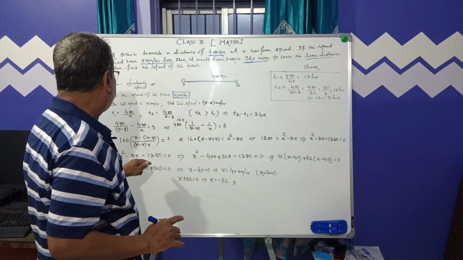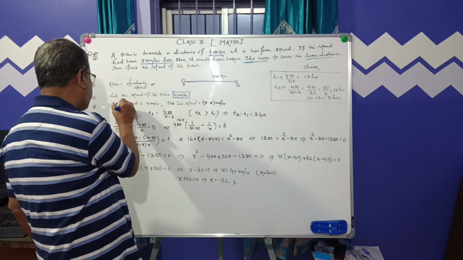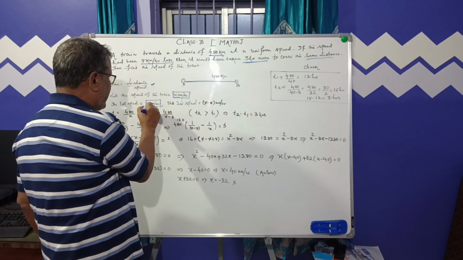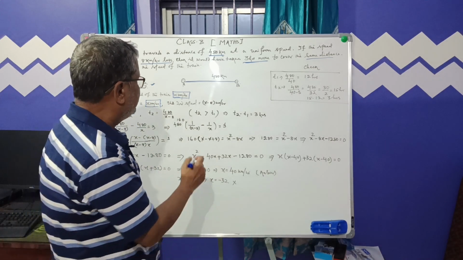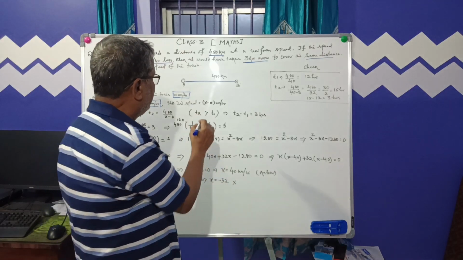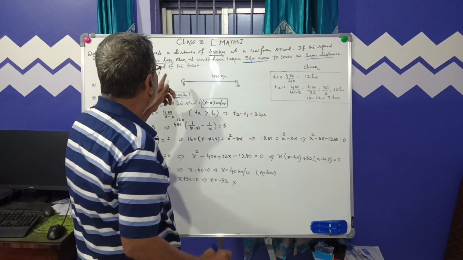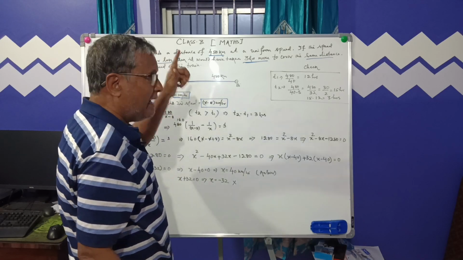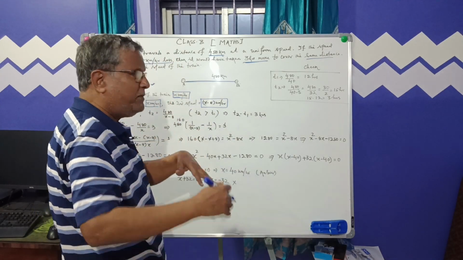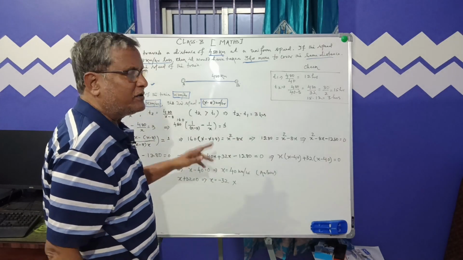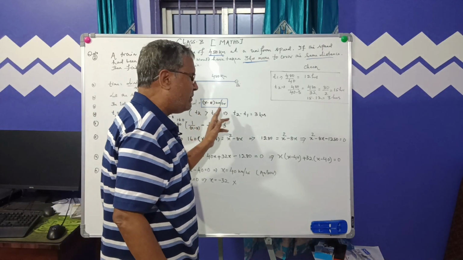The first speed is x km per hour. But the second speed for the same distance is x minus 8 km per hour. Why? Because it is 8 km per hour less than the previous speed. So the first speed was x km per hour, and the second speed is x minus 8 km per hour.